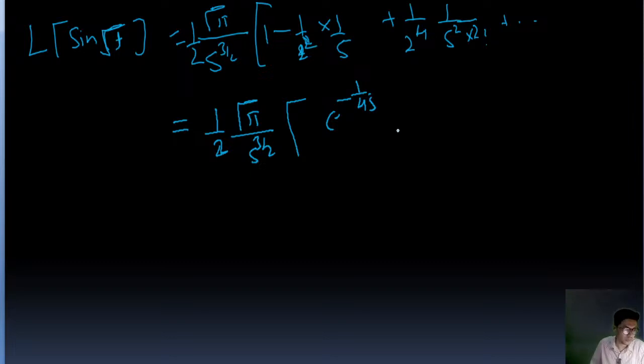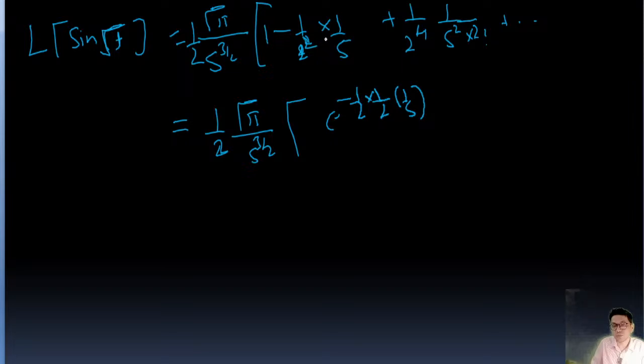Because we know, or we can write it like this, first I will write it like this and this will be easy for you: 1 upon 2 square s, and 1 upon 2 to the power 4 s square, into 2 factorial, and so on. So this is going to be e to the power minus 1 upon 2 into 1 upon 2 into 1 upon s.